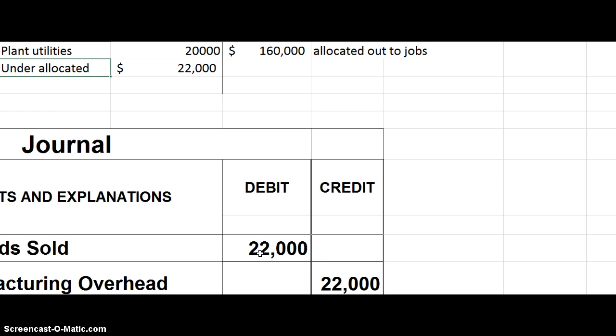So now all of, or most of, that stuff is sold. And we need to show that we incurred those costs when we actually made the jobs. So what we need to do is show all of these costs being associated to the jobs at the end of the day.